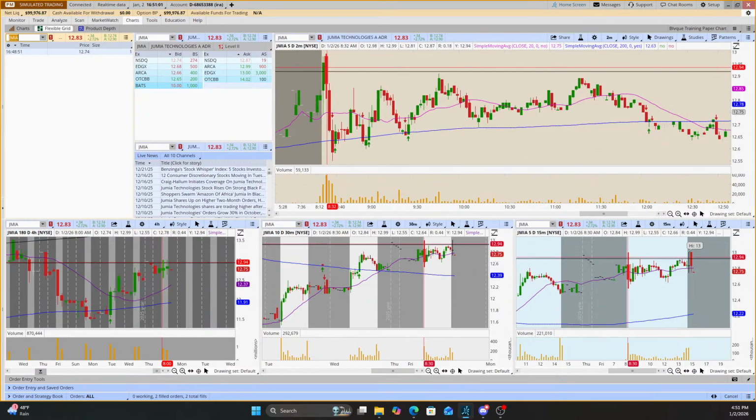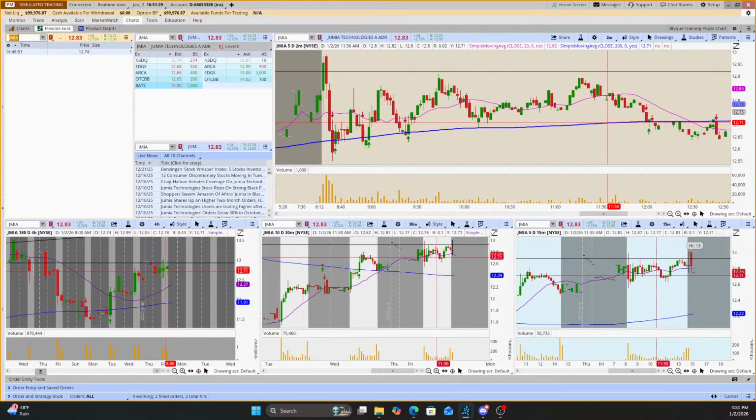So boom, color change. So we got a lot of support off the 200.